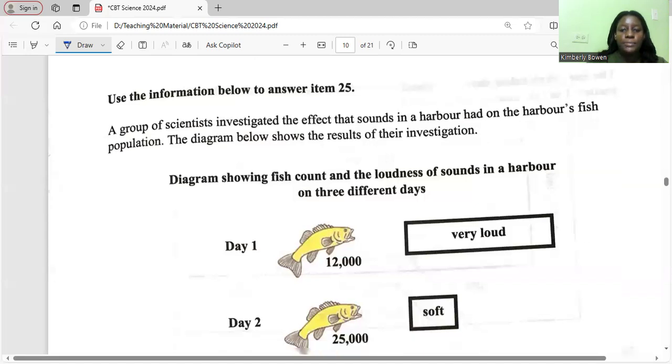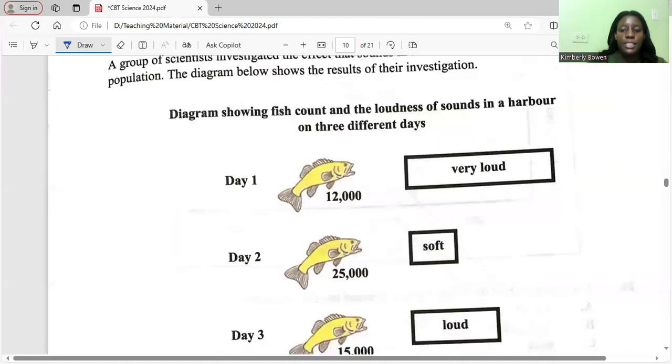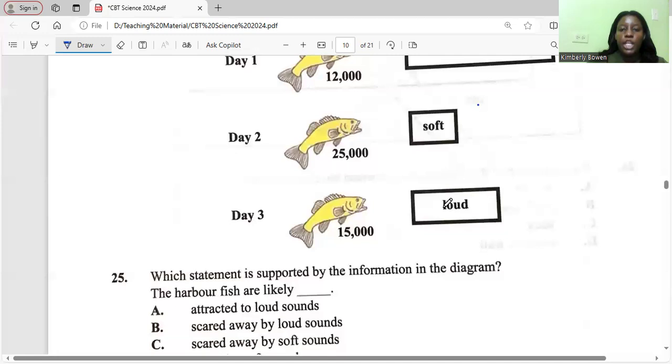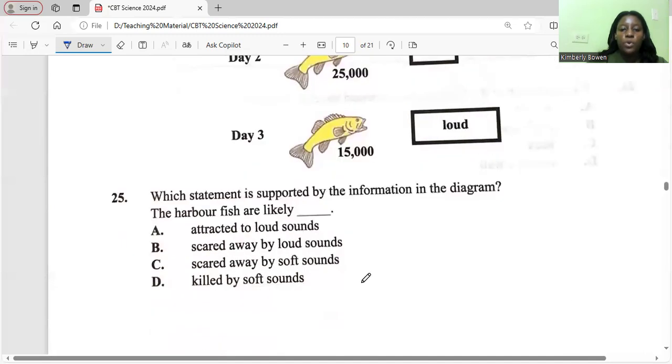All right, this is a repeated question, so I can just go to the answer because we've looked at this before. After day one, there was very loud noise, and then the population was 12. Then there were soft sounds, and the population increased. Then on day three, you had loud noise, and the population decreased. So the loud sound scared away the fish.